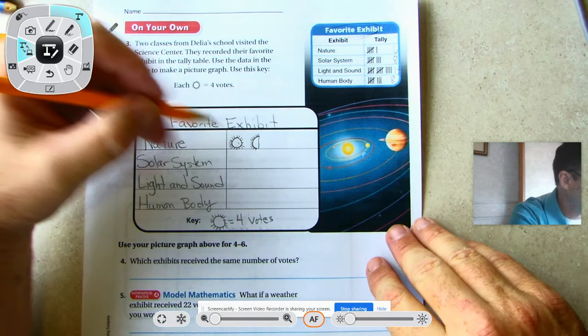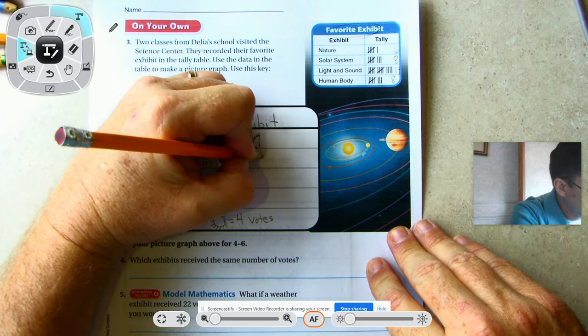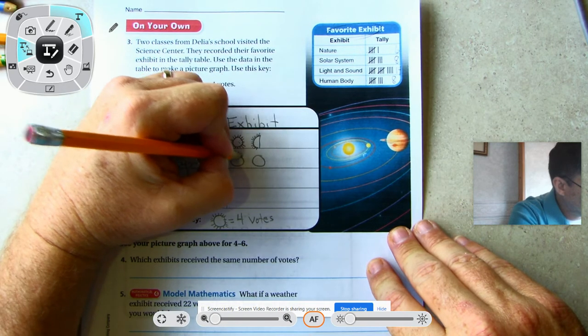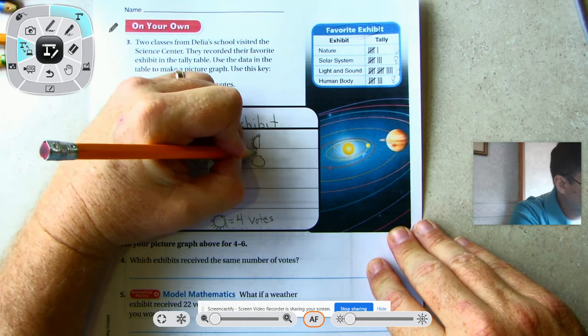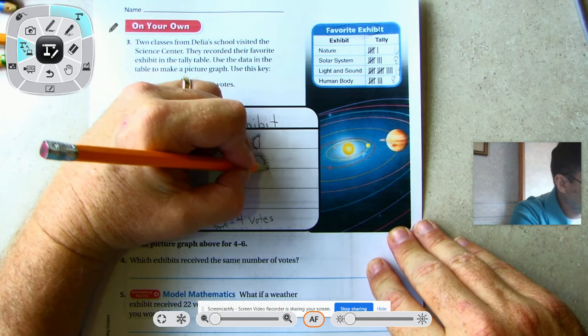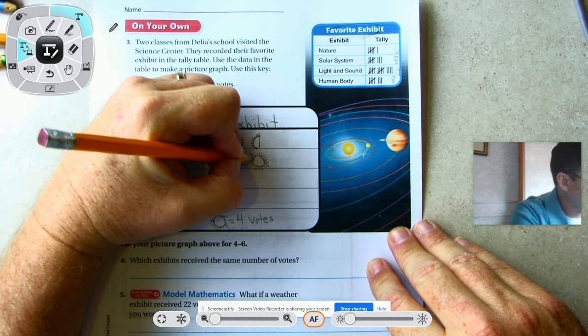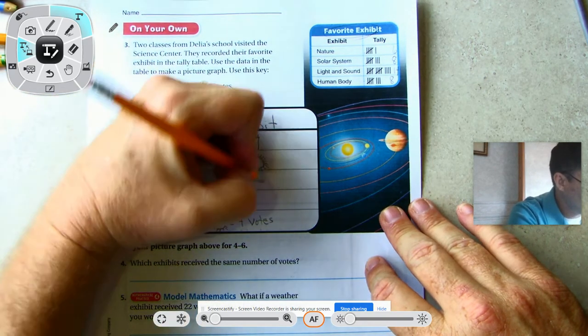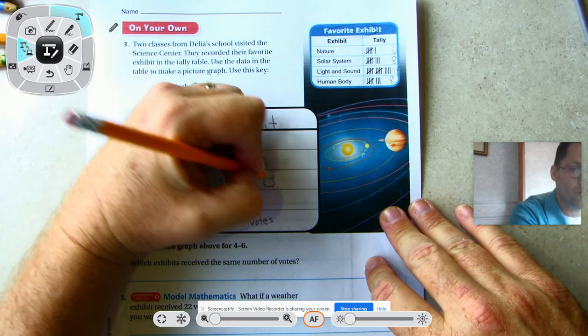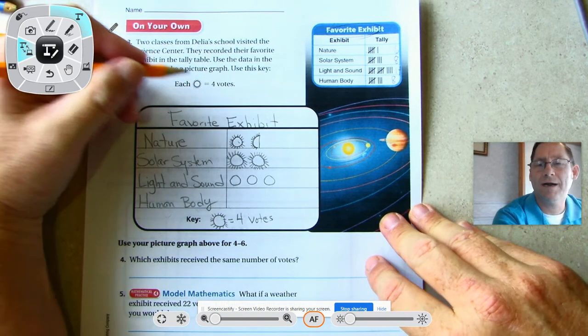Solar system, 8. This time I can make 2 full suns because 4 plus 4 is 8. Light and sound, 14. 4, 8, 12. And now we need 2 more, right, to get to 14?